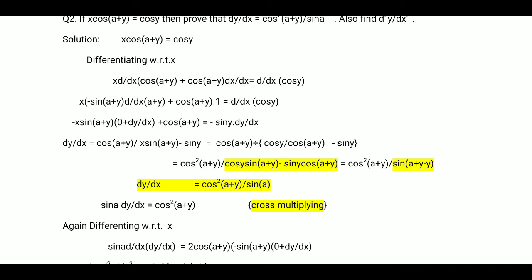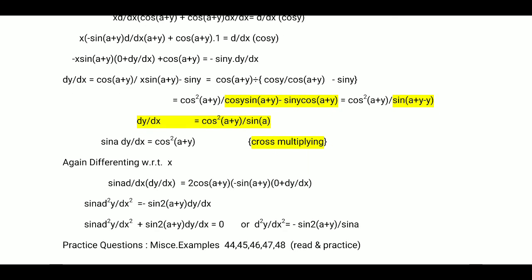Now for differentiating again, we cross multiply. We get sin a dy upon dx is equal to cos square(a plus y). Differentiating again with respect to x, sin a is a constant, so it comes out: sin a d upon dx of dy upon dx is equal to d upon dx of cos square(a plus y).